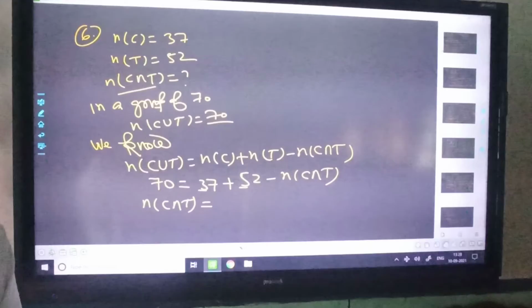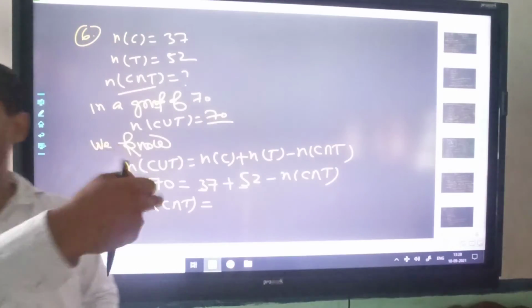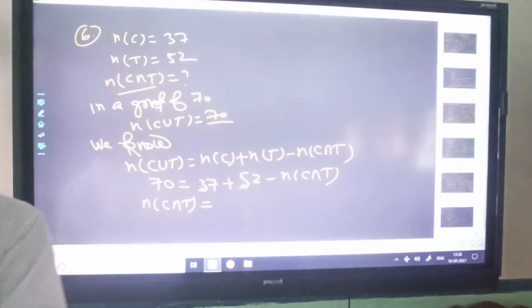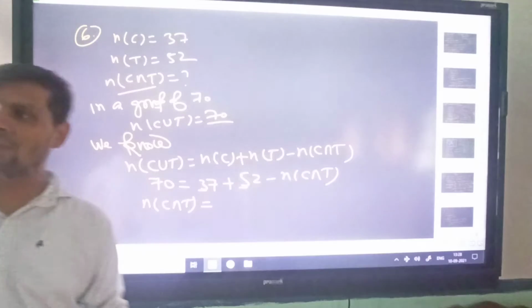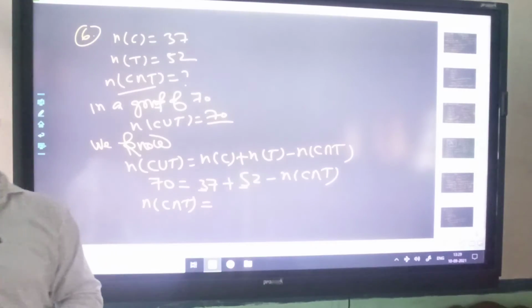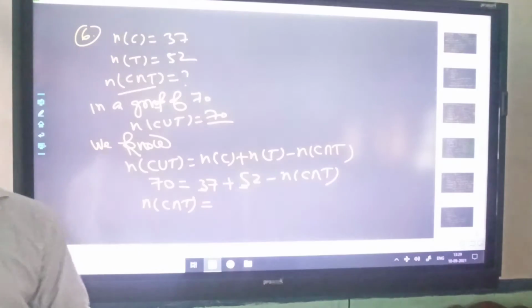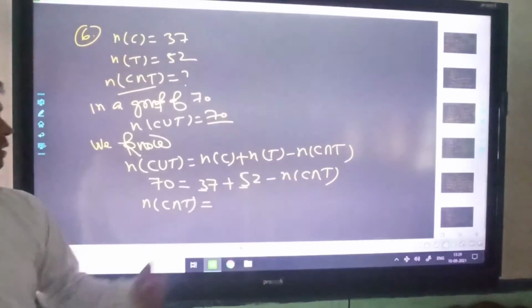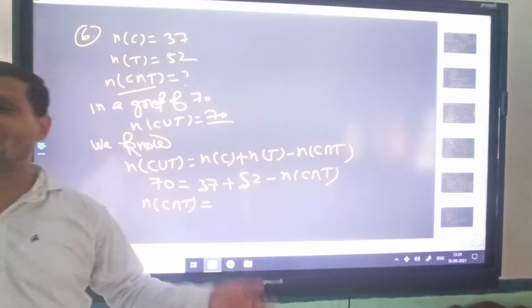You should try to add. Always do the addition from the left hand side, not the right hand side. But in the previous classes, up to 9th class, 10th class, you are in the habit of doing it from the right. No, this is not the correct process. What is the correct process? Always add from the left. Verbally you can add it. It is better to first take the higher term, then the smaller term.